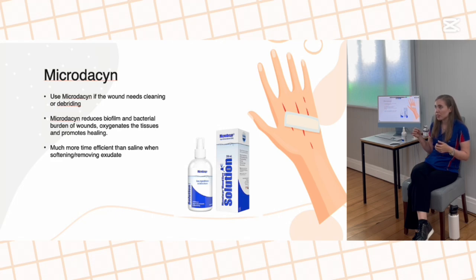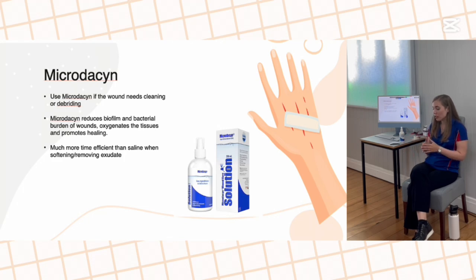So with saline, you're just waiting and waiting for it to soften, whereas with this, we'll try and have it soak for 10 minutes, but you don't even need that long. It just depends on what the wound is doing. We'll pour it into some pots and then place the hand in to sit there. Sometimes if we have a fingertip injury, if we have one of those sterile packs with the little tray, we'll pour some in there and then you can soak it.